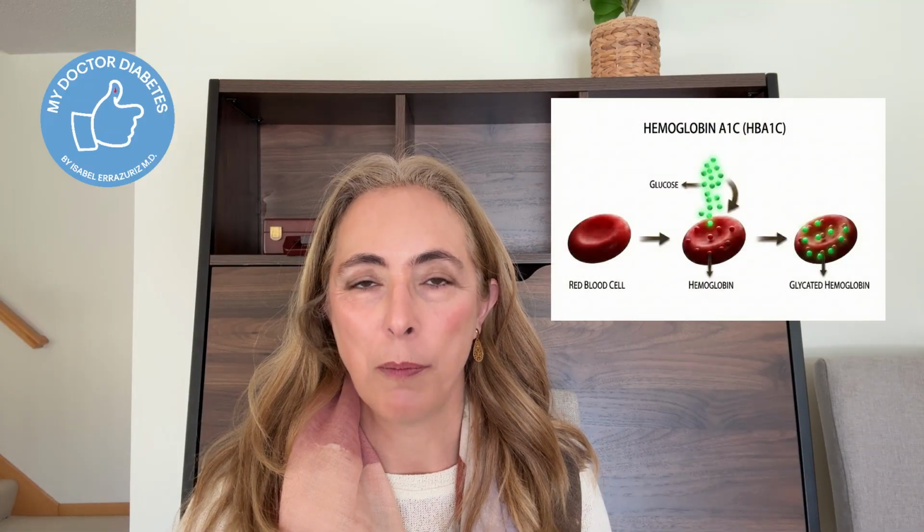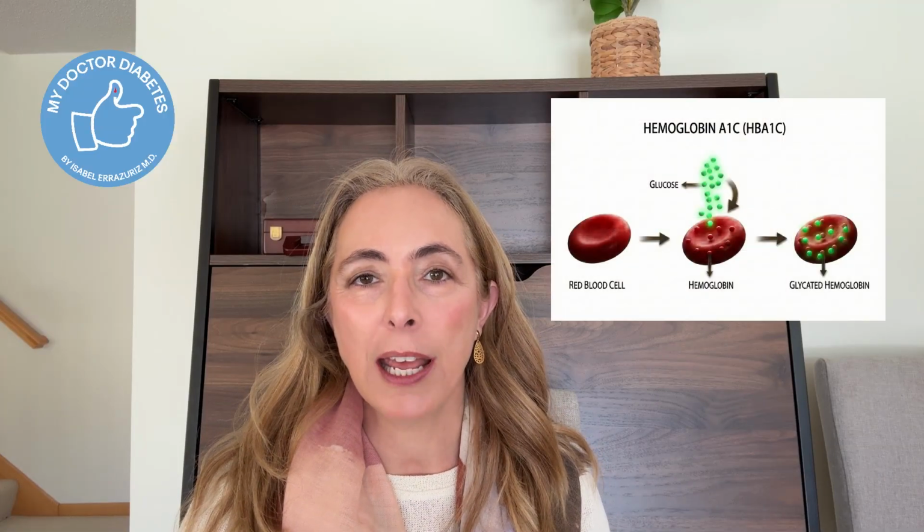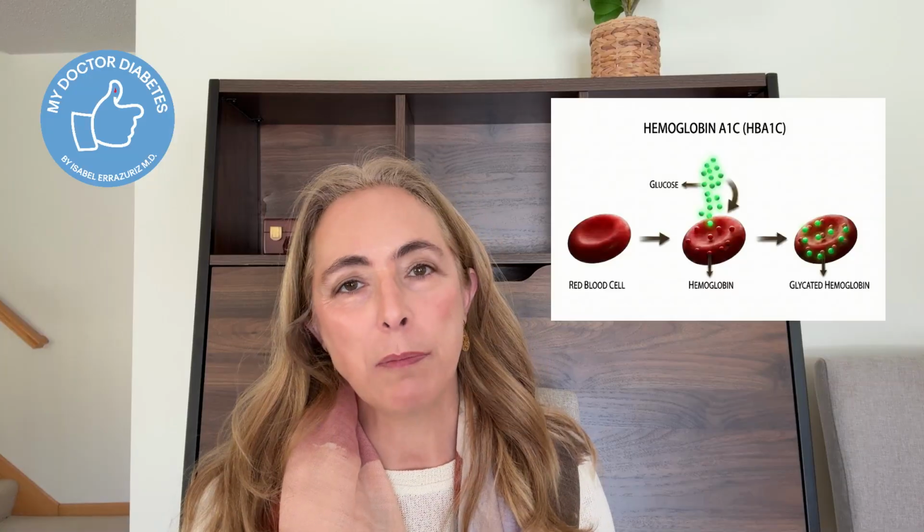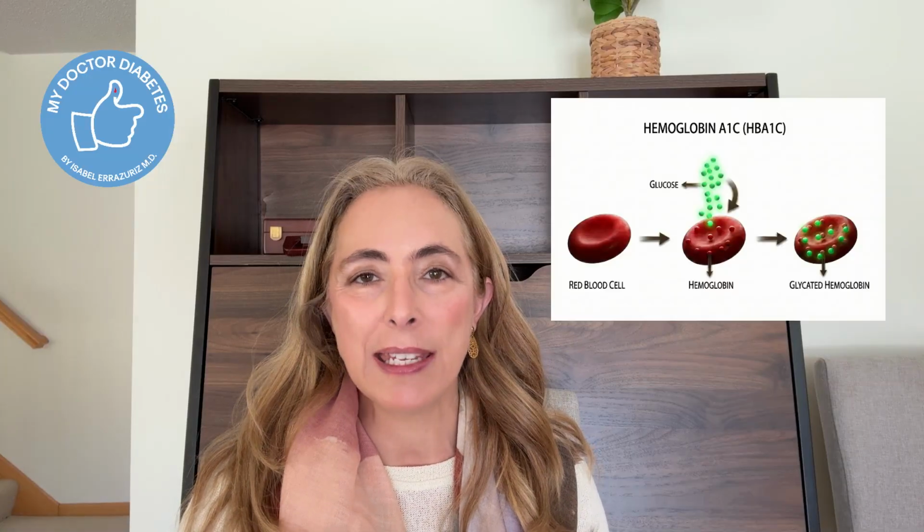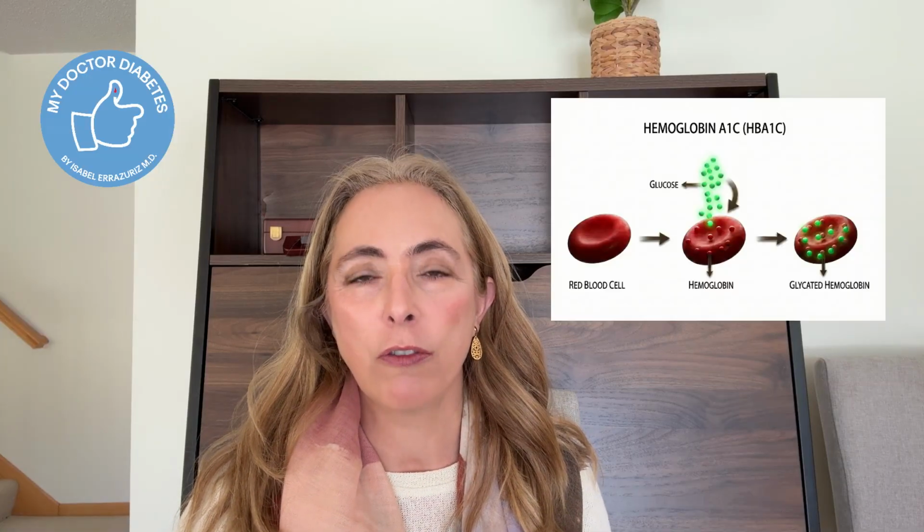A1c is short for hemoglobin A1c. Let me explain. We all have hemoglobin. Hemoglobin is a protein inside our red blood cells, and its function is to carry oxygen throughout the bloodstream. As a protein, it can get glycated, it can get sugar-coated. All proteins can bind to sugar, and this is a non-enzymatic process. What that means is that there is no enzyme in charge of sugar coating the proteins. It just happens.